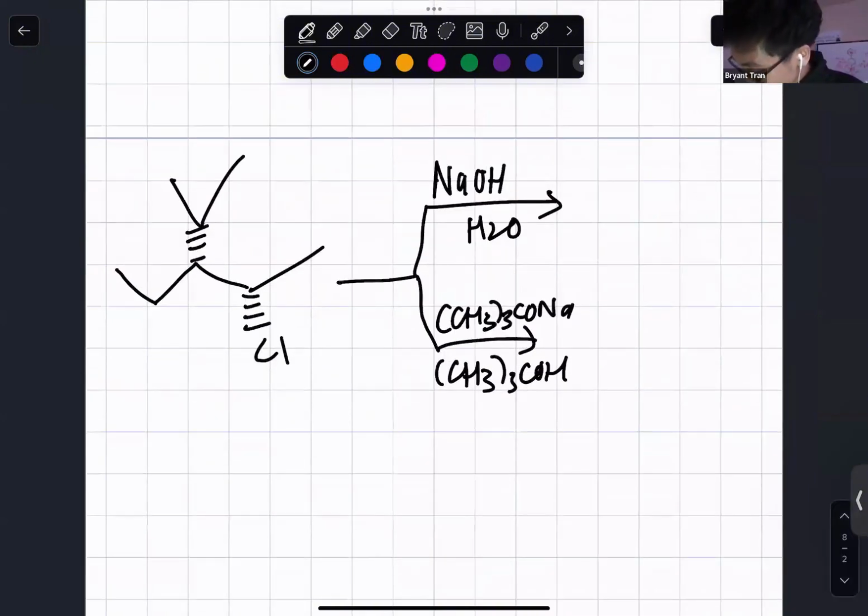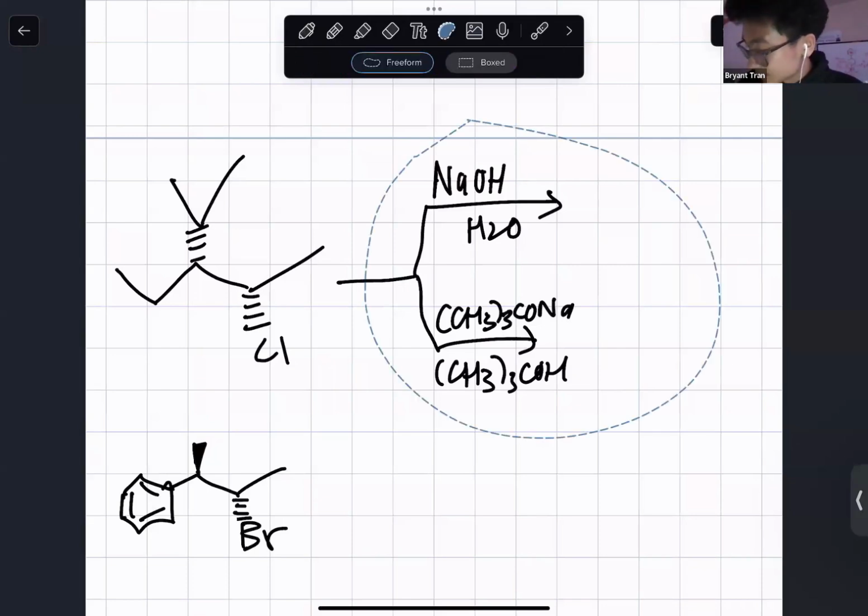That versus if I have this reacting with the same two sets of reagents here.